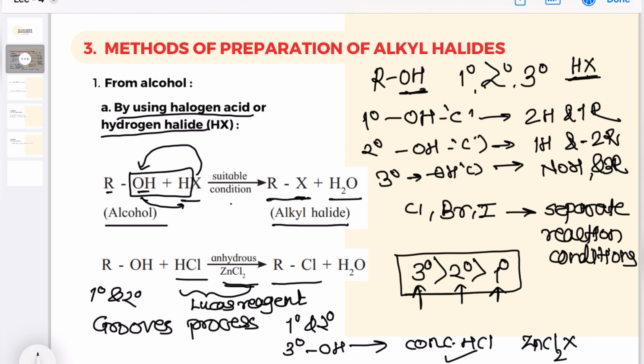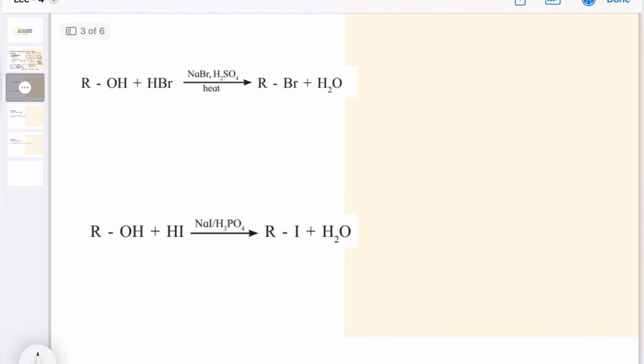Then next, if we are preparing an alkyl bromide compound, what type of reaction conditions are needed? Here we require constant boiling hydrobromic acid.